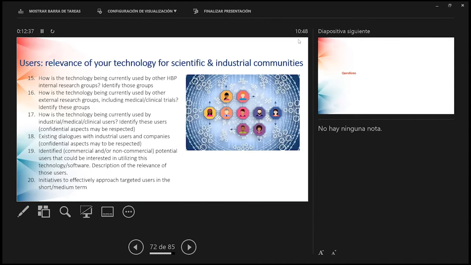As I showed yesterday, most of the technologies in HBP are now over 4. But it doesn't make sense to make an exploitation plan now, with only 2 years ahead, for something at TRL 1, 2 or even 3. So the exploitation plans should be for something that could be exploitable in the short term.